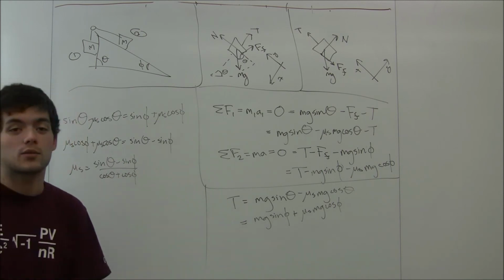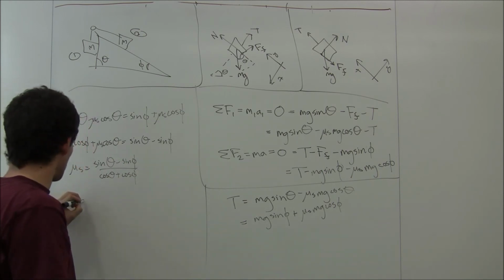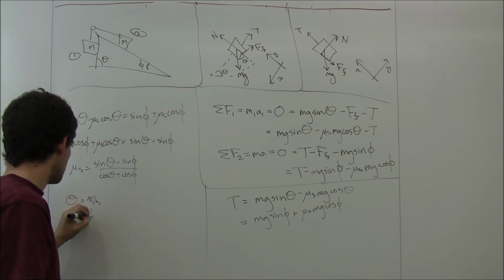And now we can plug in the values that we're given. We know that theta is equal to pi over 3, and we know that phi is equal to pi over 6.